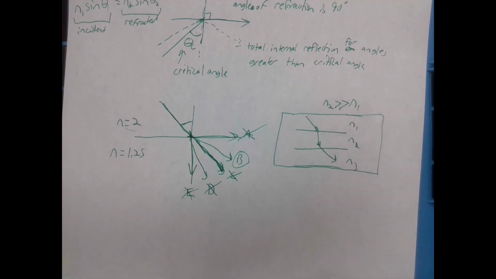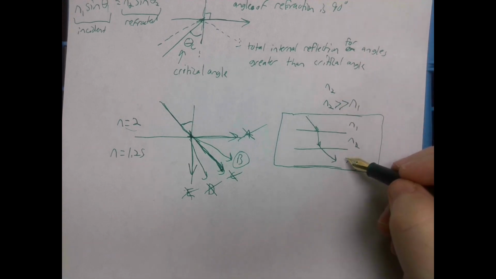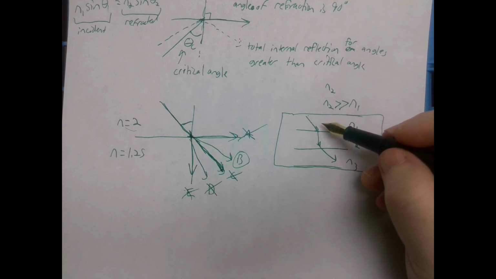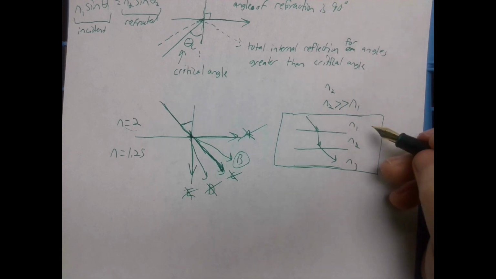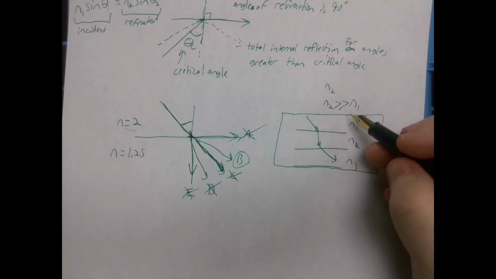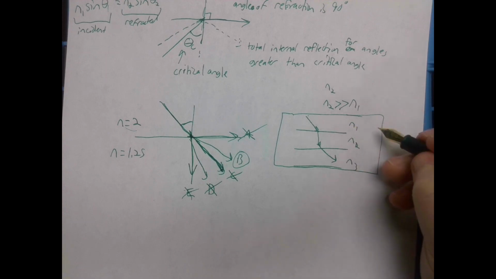We see the angle bend away a lot, so we know N2 must be bigger than the other. Bending toward is when you go from low to high.